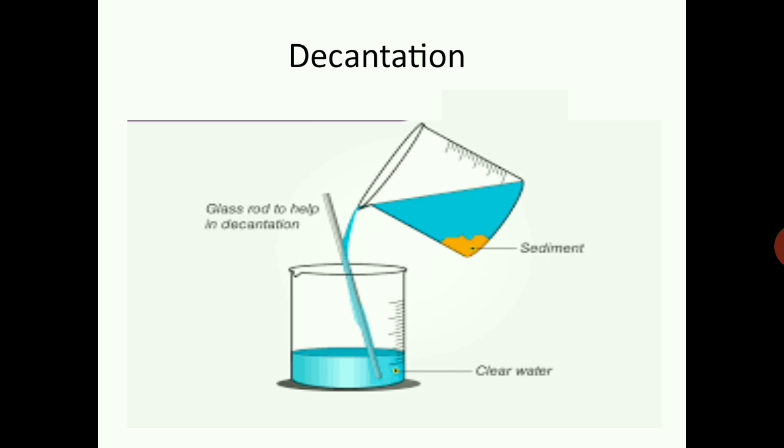Here you see the orange color shows the sediment. The blue color shows the water. The water is decanted from one beaker to another beaker slowly without disturbing the sediment. In the same way, we can obtain clear water from muddy water.